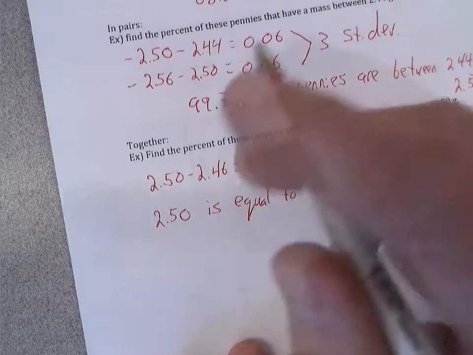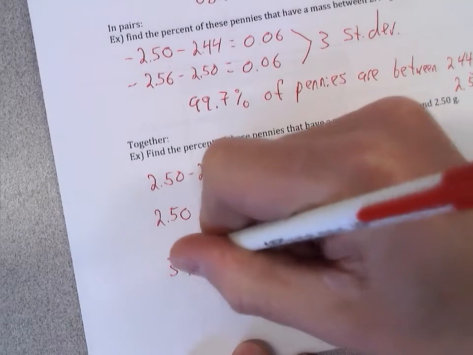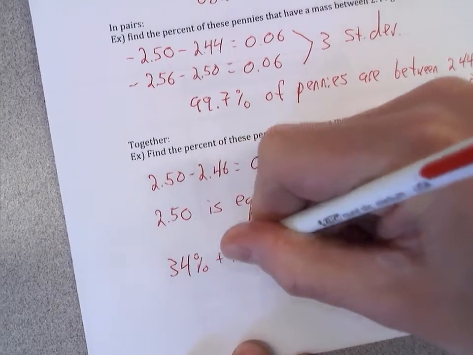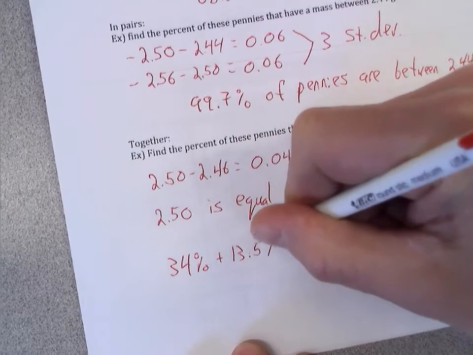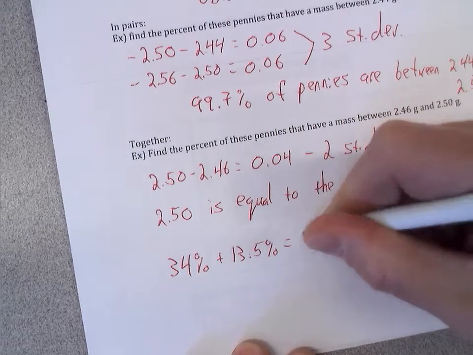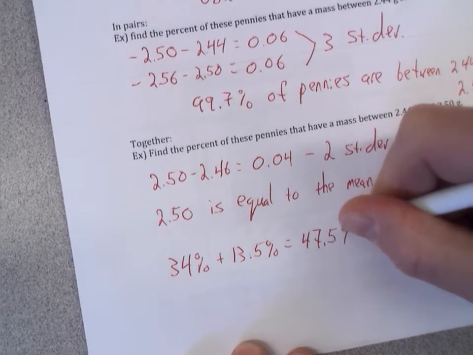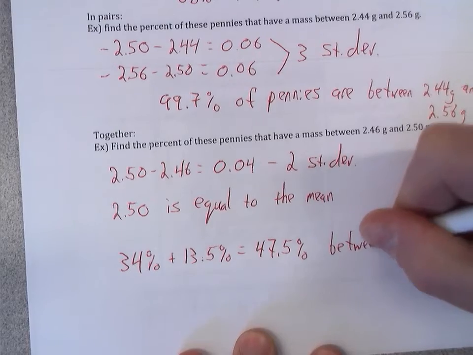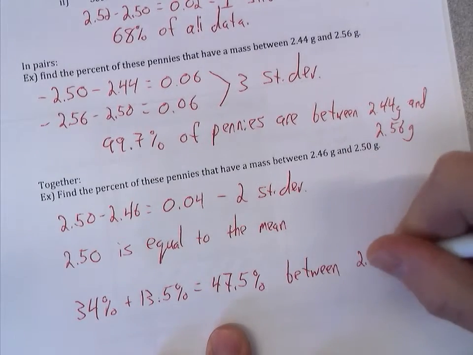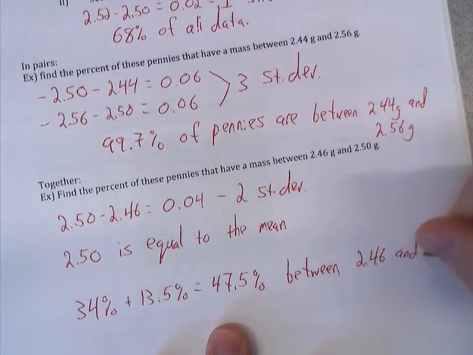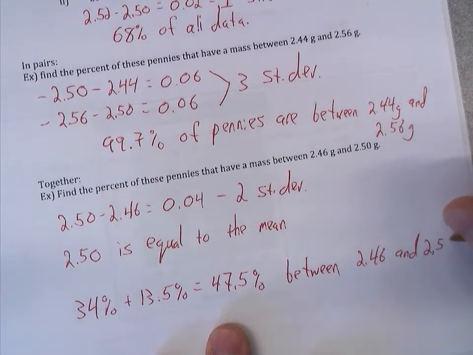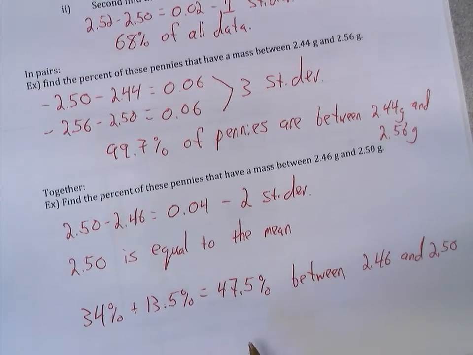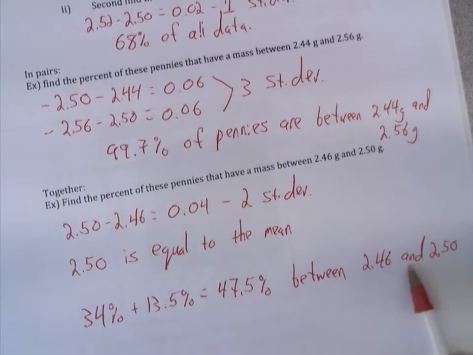So then if we come down here, that means we're taking 34% plus 13.5%, which equals 47.5%. So 47.5% of the pennies would be between 2.46 and 2.5 grams. Okay? And that is the end of video 3.